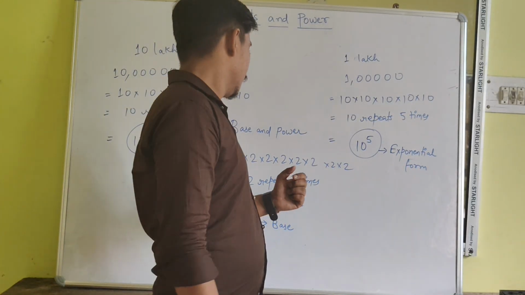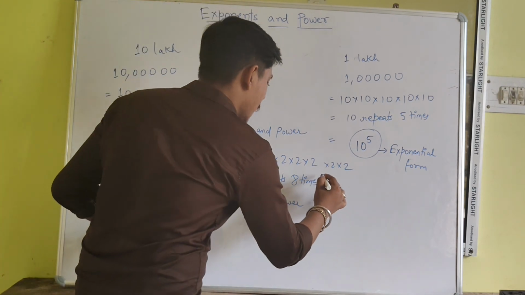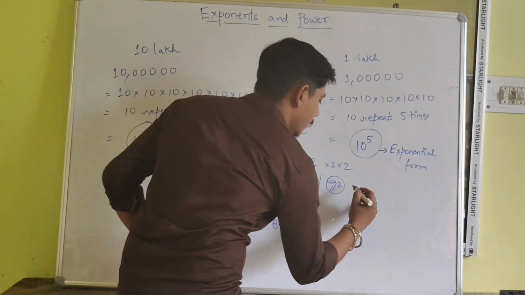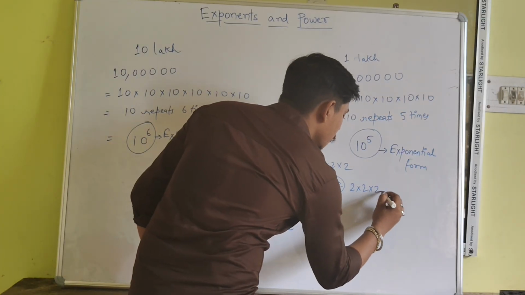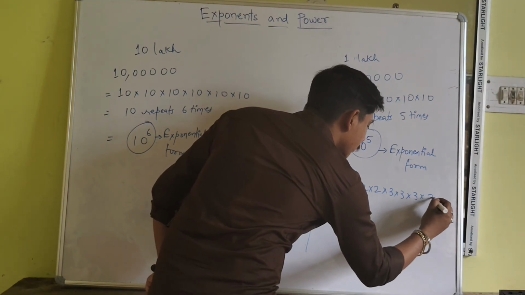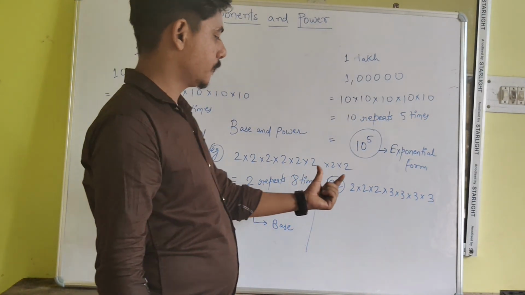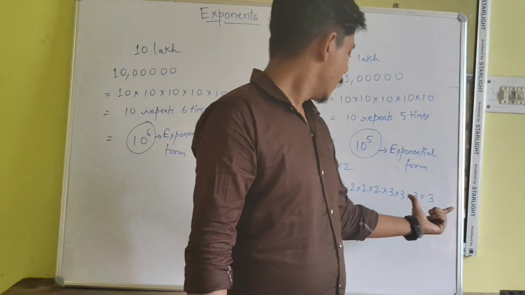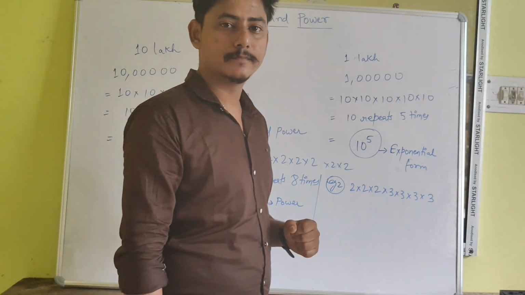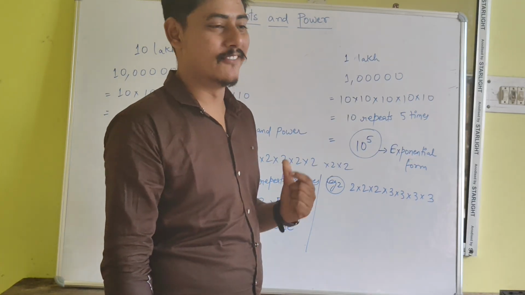Okay. Let's take another example to clarify this. Example number 2: 2 into 2 into 2 and 3 into 3 into 3 into 3. Rahul, can you tell me what the repeated number is in this example? Yeah, very good.